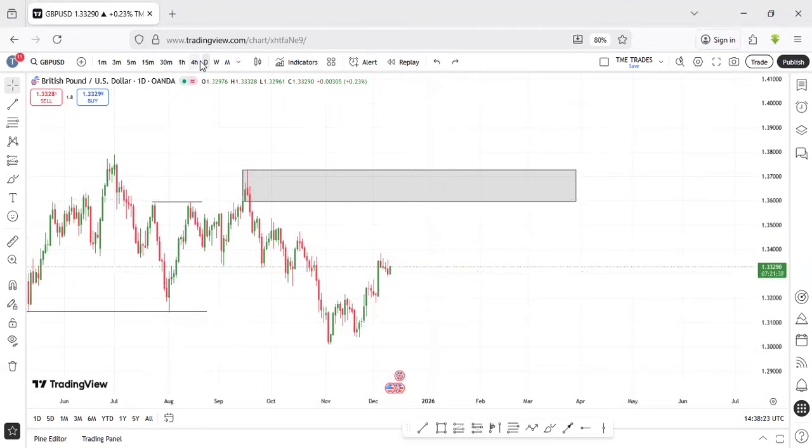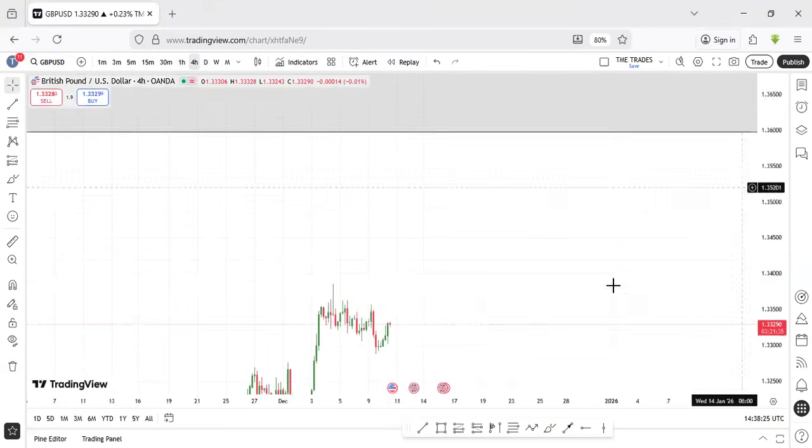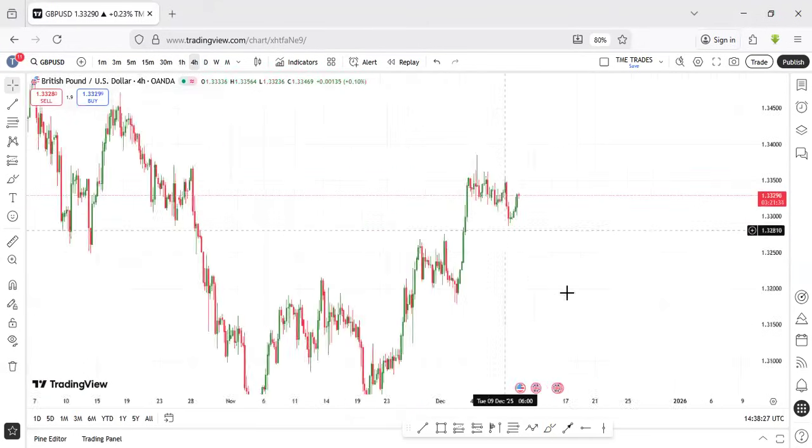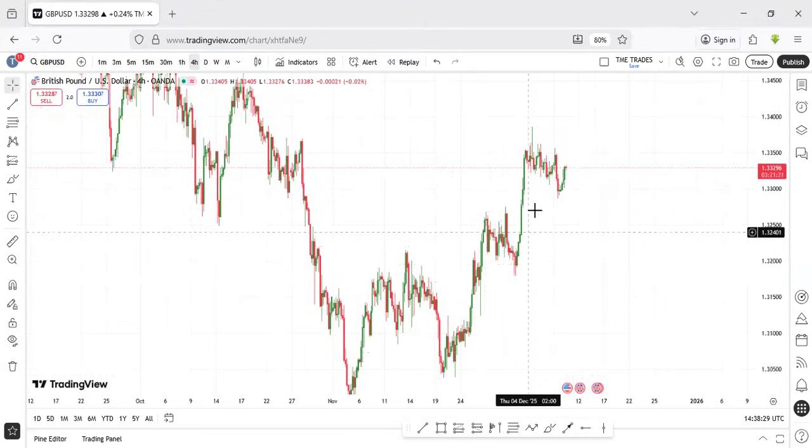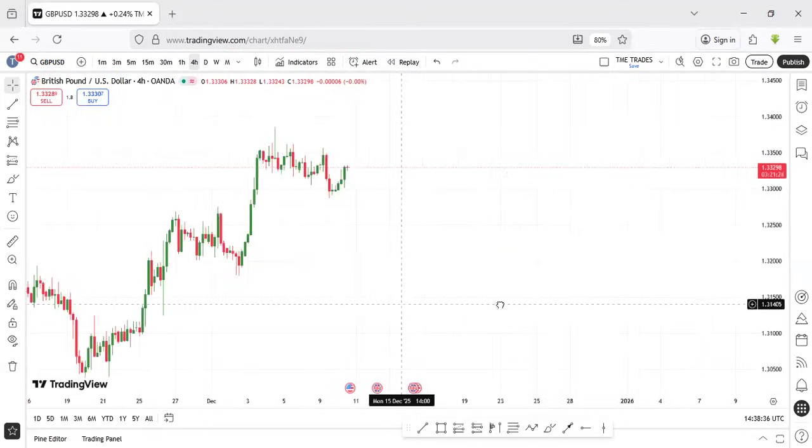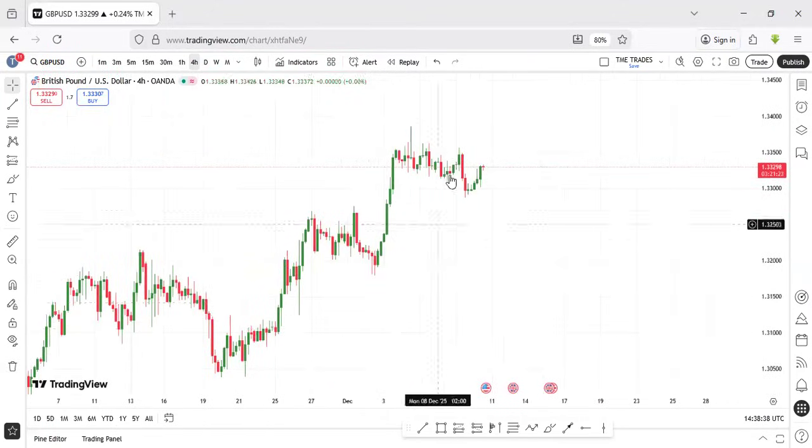So when we move down to the 4 hour lower time frame, what can we see? We can still see that this market is in a very bullish price movement, but I want us to understand something. Let's zoom in. Whenever the market is in a bullish movement, we don't need to see any gap left uncovered or any order block left unmitigated.